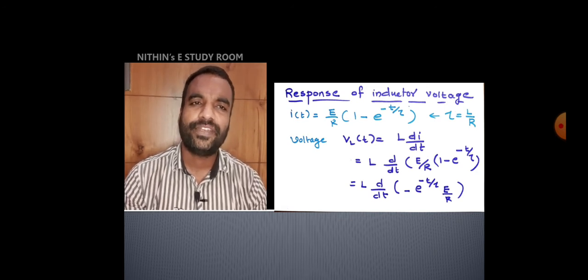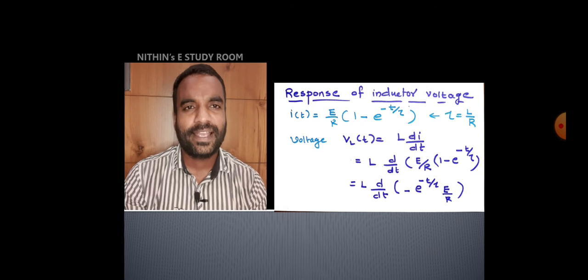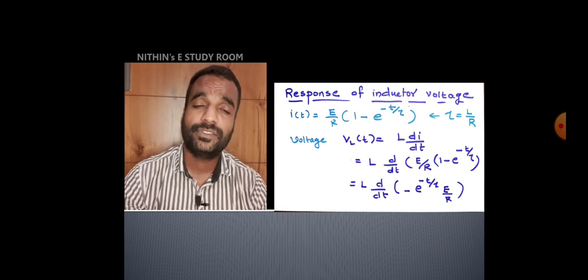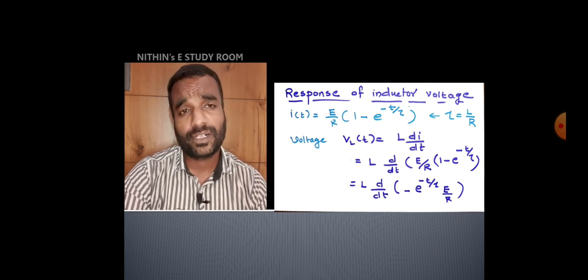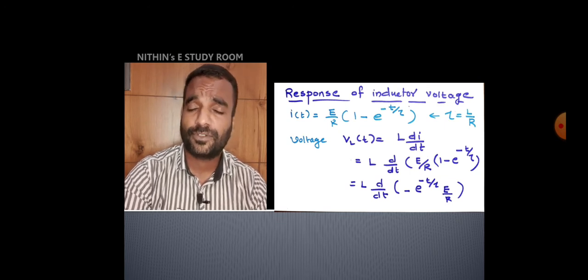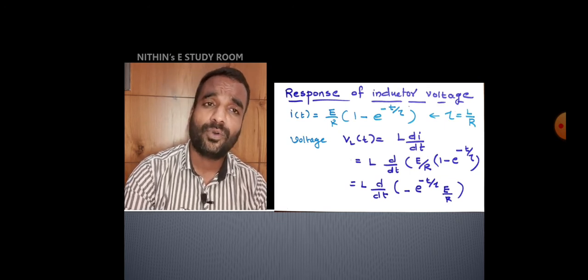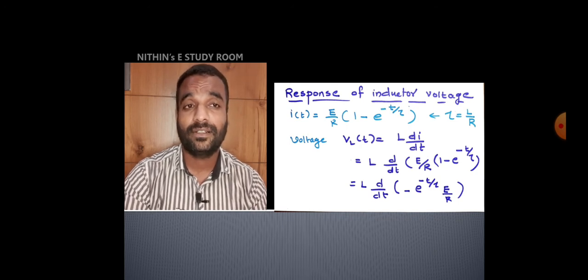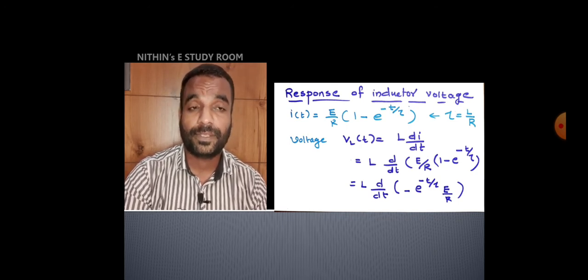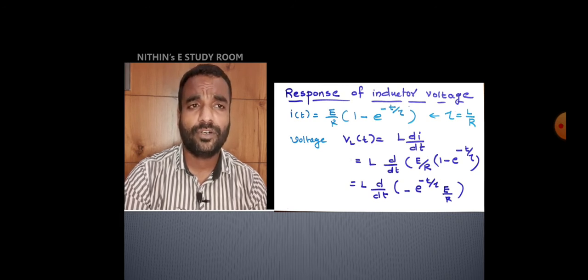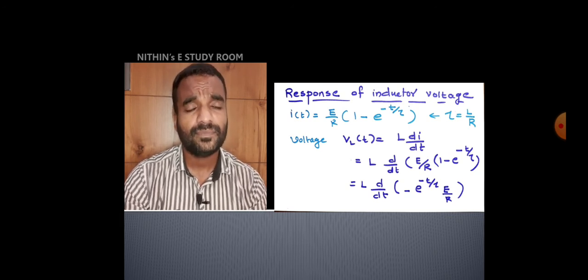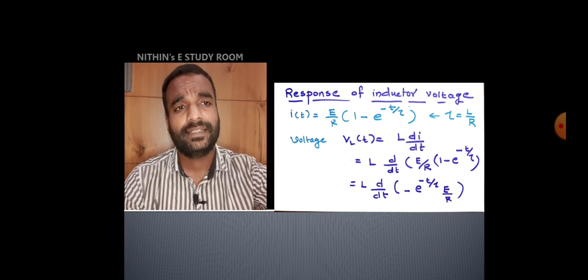Now voltage VL of t is equal to L di by dt. So already we got the expression for current. Now for getting the voltage, we have to take the differential of that current with respect to t. So L di by dt is equal to L into d by dt of that equation. In this case, 1 is a constant.